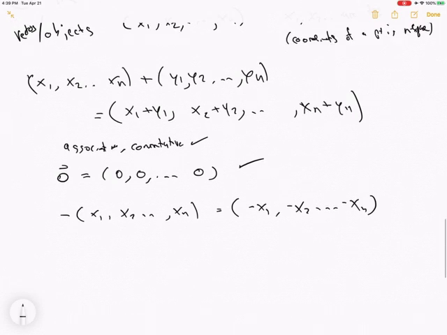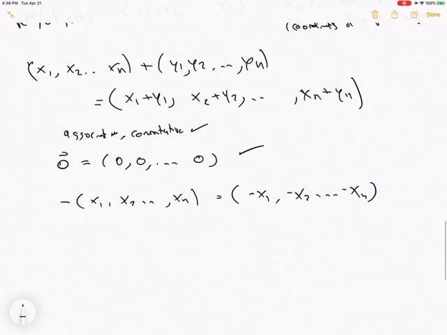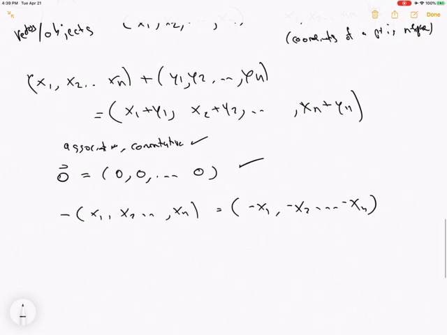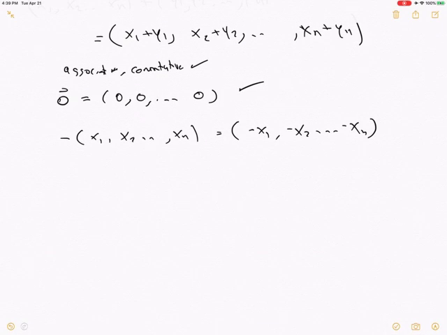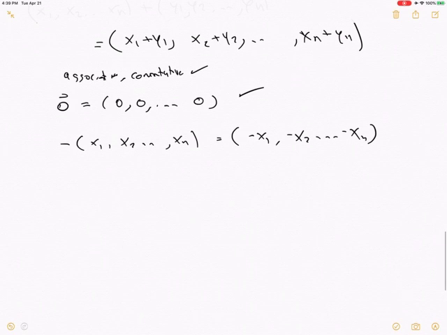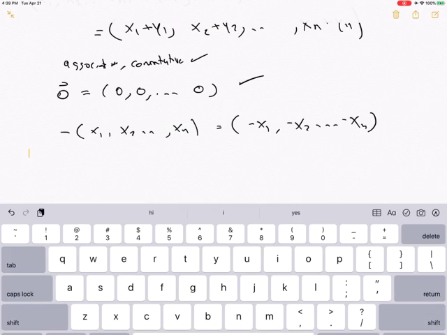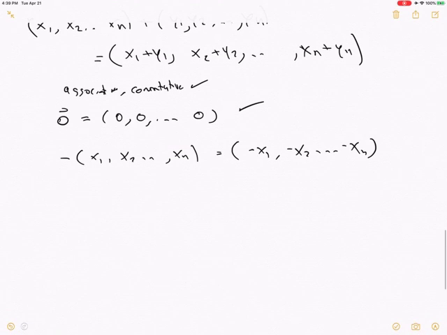Okay? And we see that this clearly has the right property. I'll just illustrate this in lower dimensions to be concrete. In R2, if you have x1, x2 and you add to that negative x1, negative x2, by definition, you just add all the coordinates.